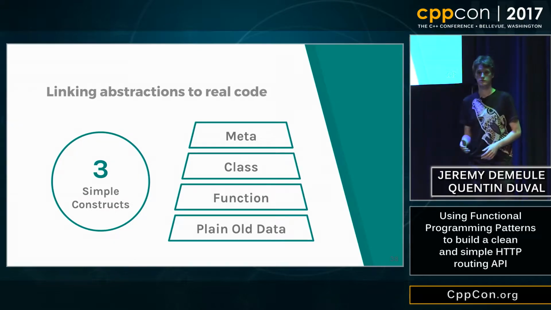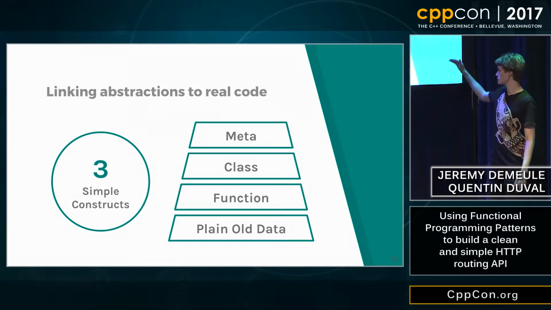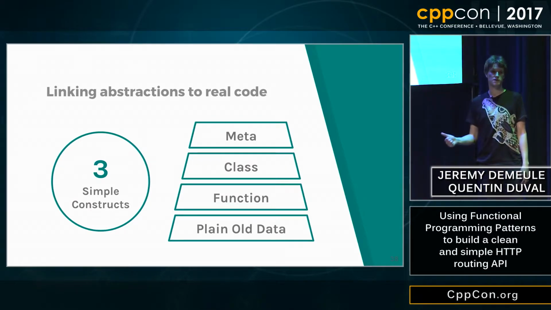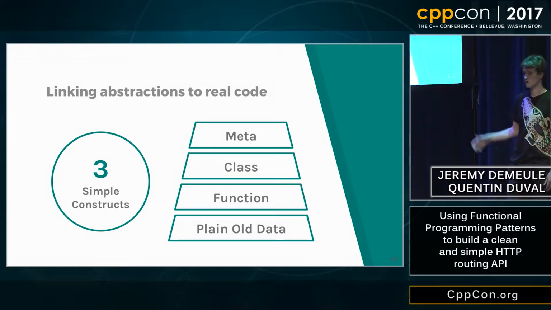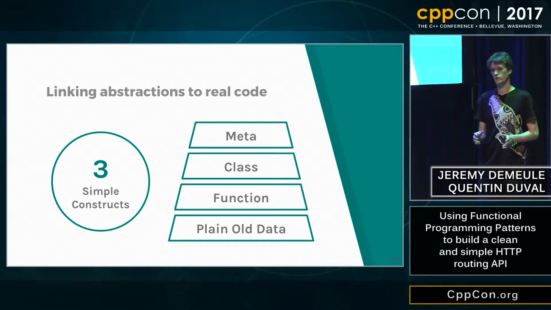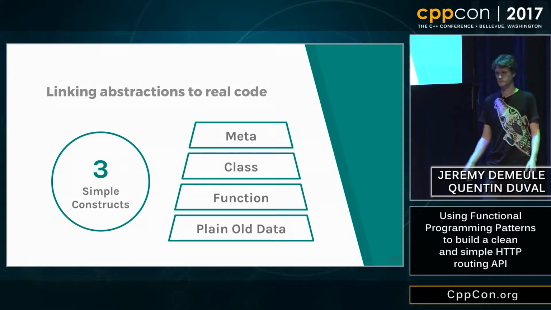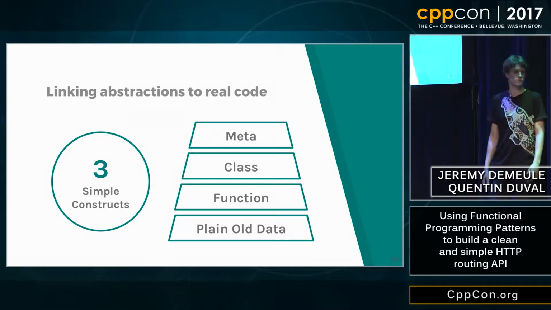Something like a vector could be qualified as plain old data in our definition. And if it doesn't fit, well, we'll try functions. If data and function don't fit, we try classes. And then we're going to go to metaprogramming and things like this for the icing on the cake, just to make things look nice. So that's the approach.